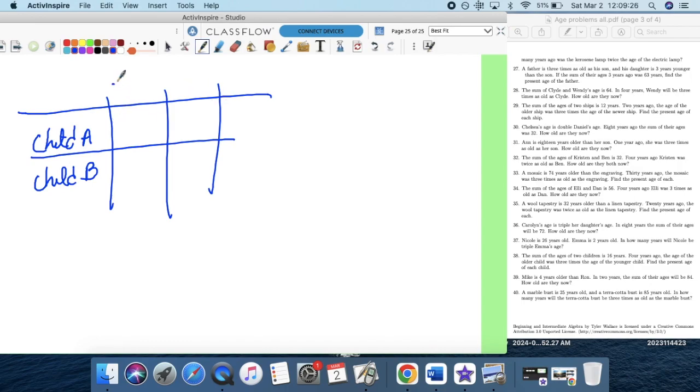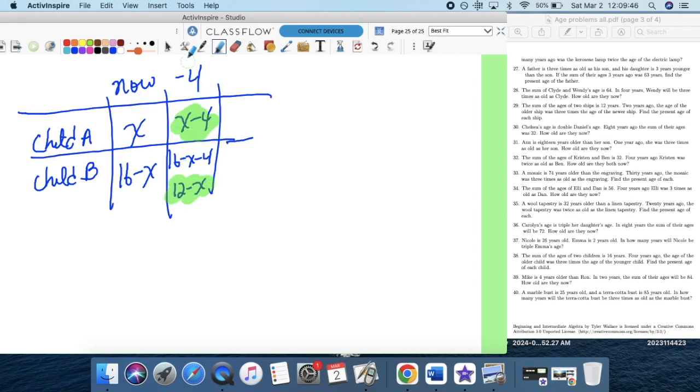So, if this person is X years old, the other one's going to be 16 minus X. 4 years ago. So let's figure out their ages 4 years ago. So child A was X minus 4. Child B was 12 minus X minus 4, which is the same thing as 12 minus X.